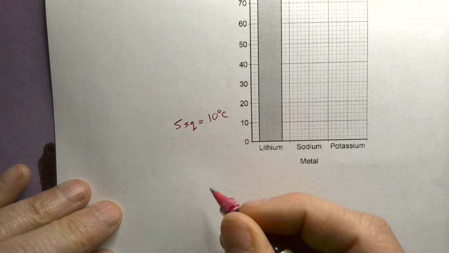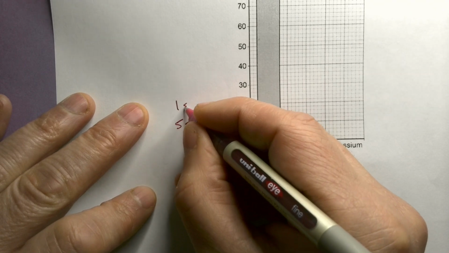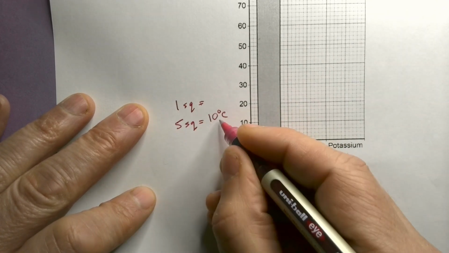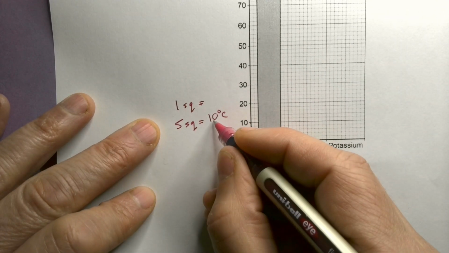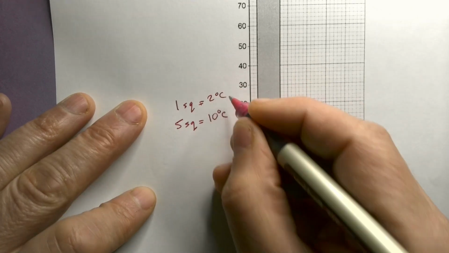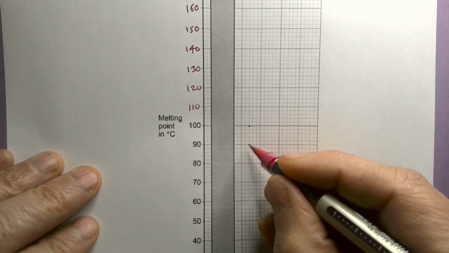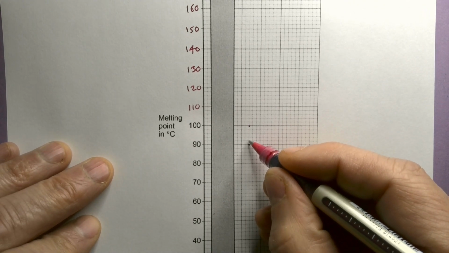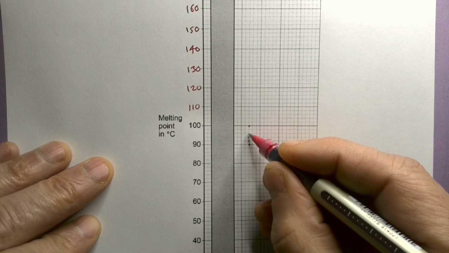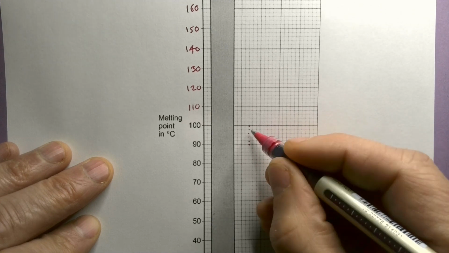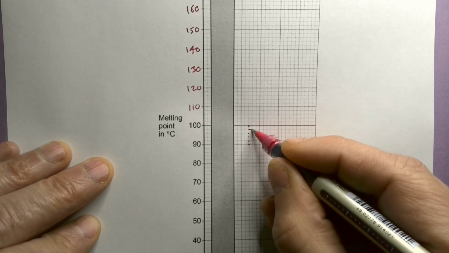So 5 little squares is equal to 10 degrees, then one of them must be a fifth of that, must be 2 degrees C. So let's just go up in 2s, so I've got 92, 94, 96, 98. Okay, there's 2 bars there, and it goes all the way across.